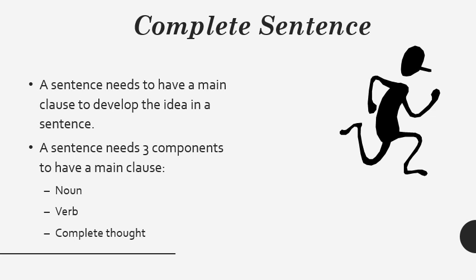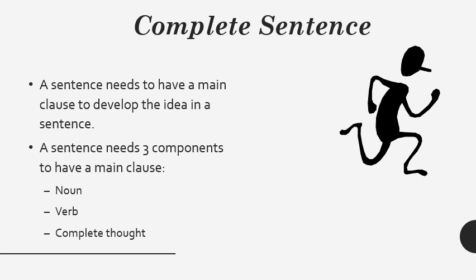First one is the noun, or in other words, we can say it's the subject, because I cannot say that I have a complete sentence if I don't know who. Please pay attention to the word who. Who is doing the action in the sentence? So when I say a noun, I mean the subject. In other words, I mean who is doing the action in the sentence.